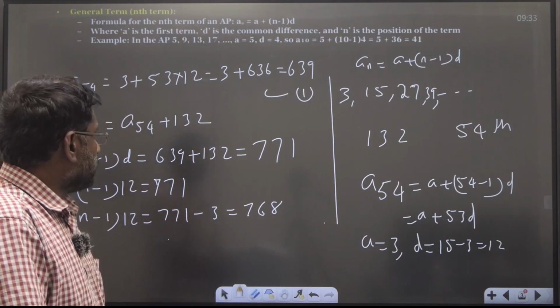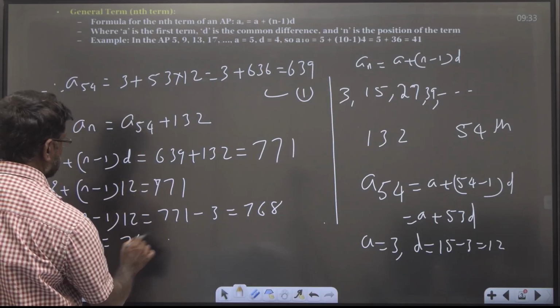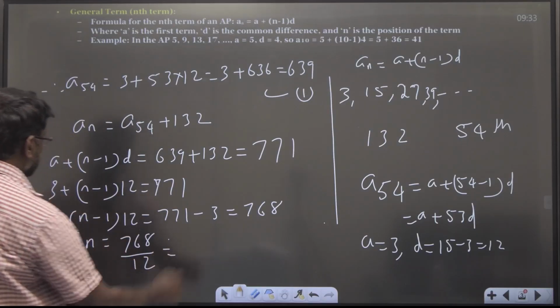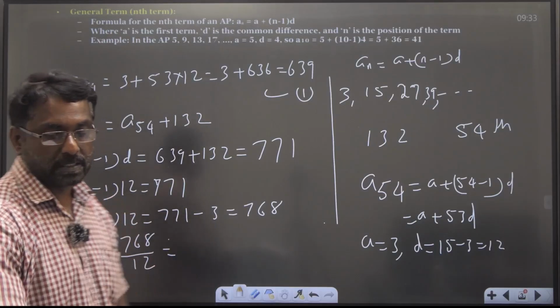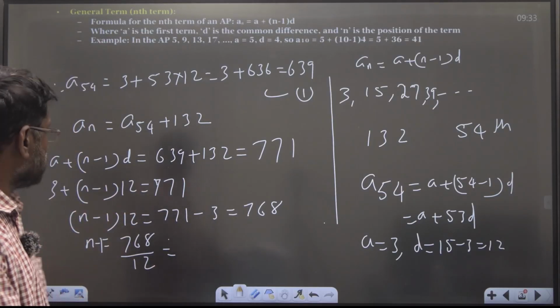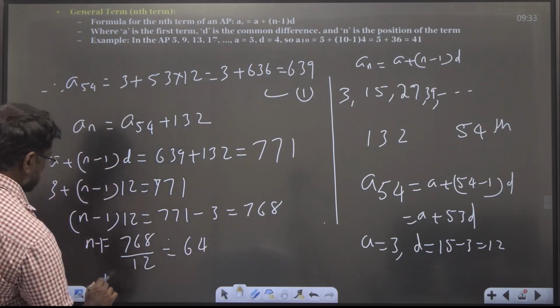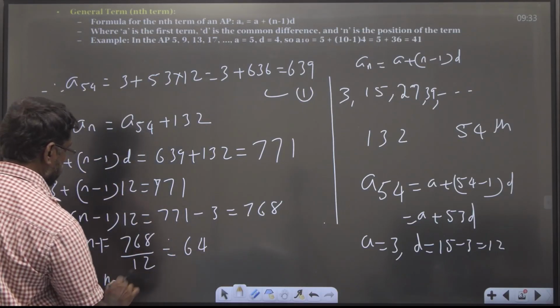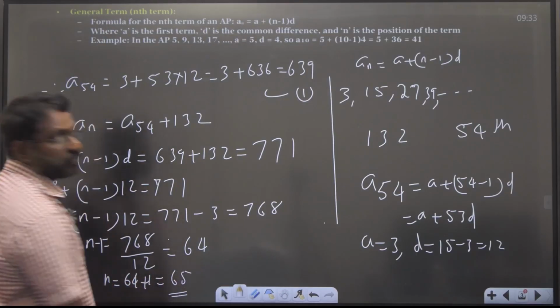Then find n minus 1. n minus 1 is equal to 768 by 12, that is equal to 64. Therefore, n is equal to 64 plus 1, that is 65.